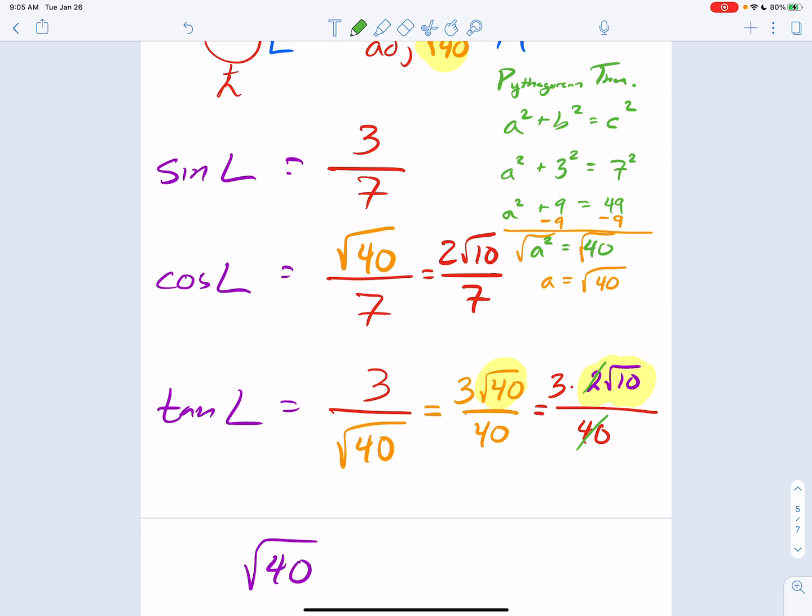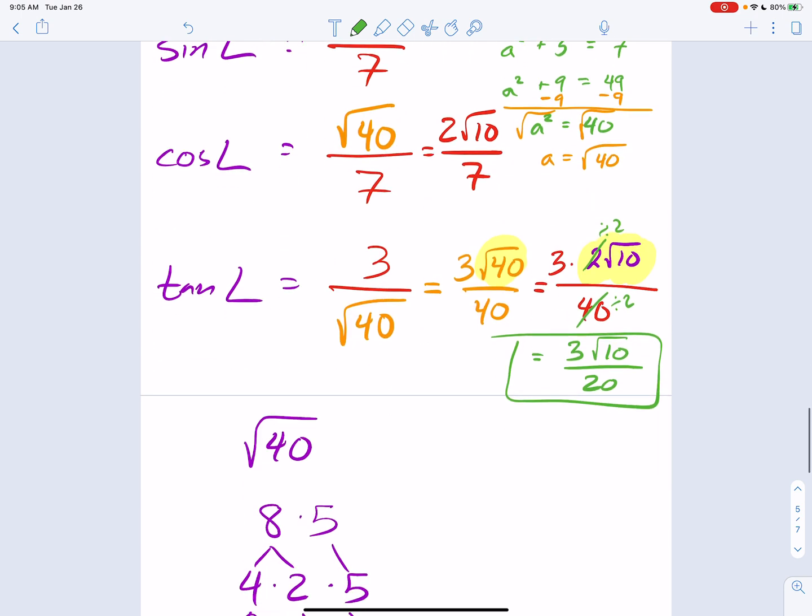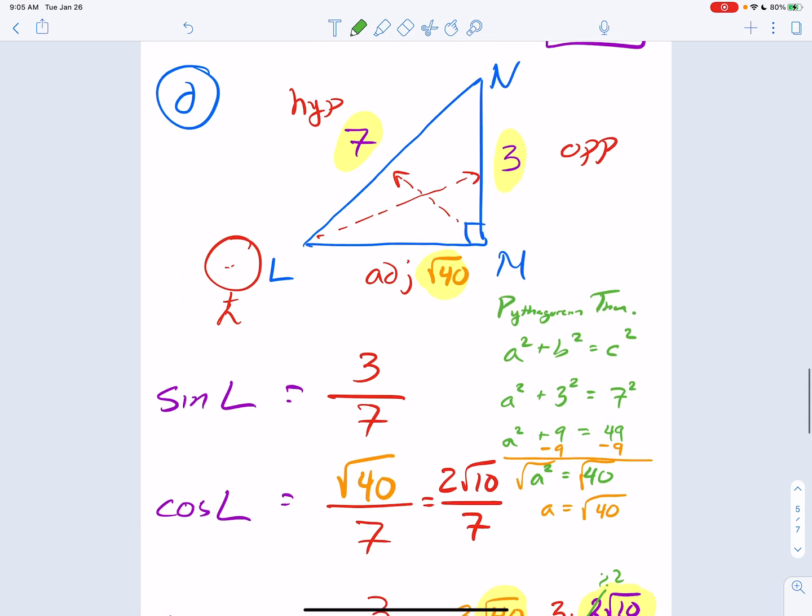What would that come out to? Press play when you're ready. That will come out to 3 radical 10 over 20. If I divide the 2 by 2, and if I divide the 40 by 2, I will get what I got in green. And that is simplest radical form.